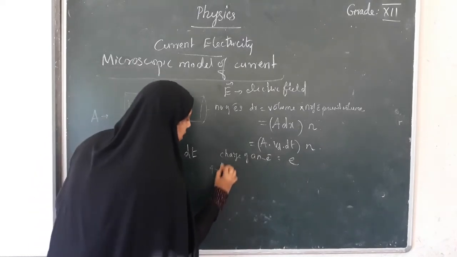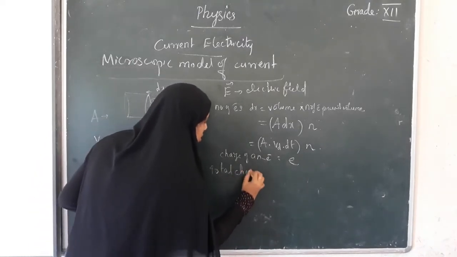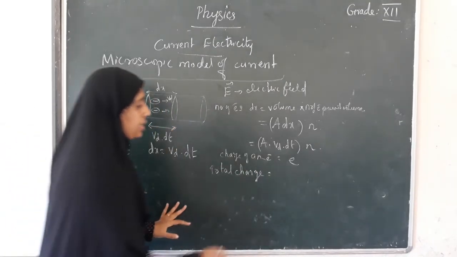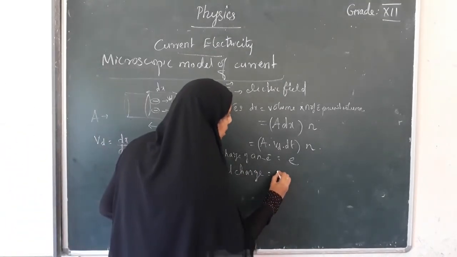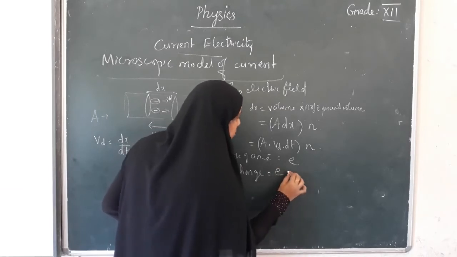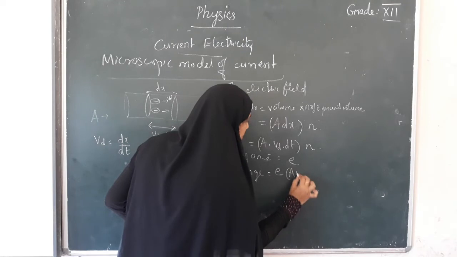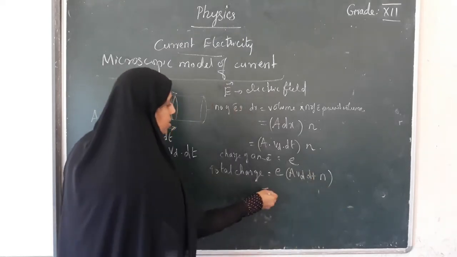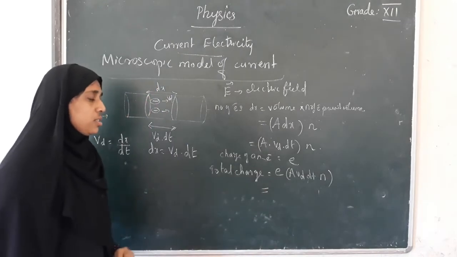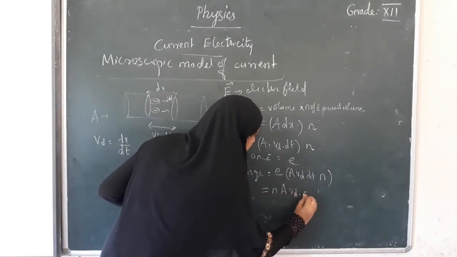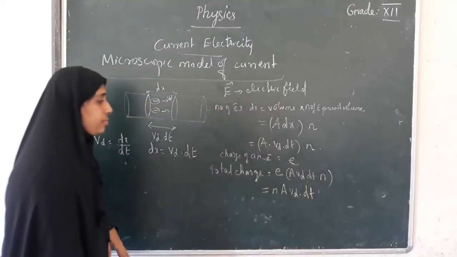So, the total charge available in the volume element can be written as a single charge e into the total number. So, this is the total charge, that is n A e Vd into dt.